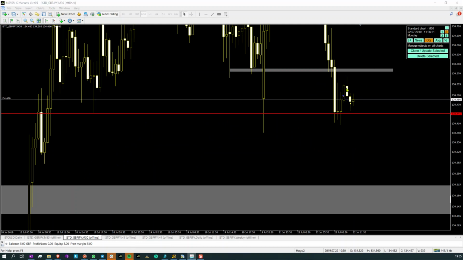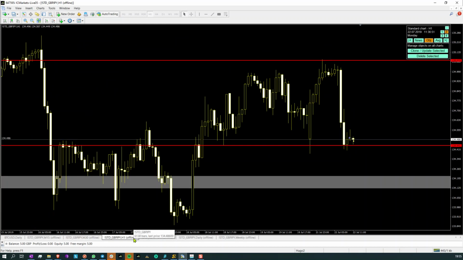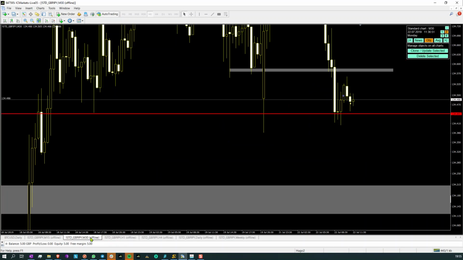So we have two M30 candles closing bearish, but we have none of the 1 hour. So let's see.